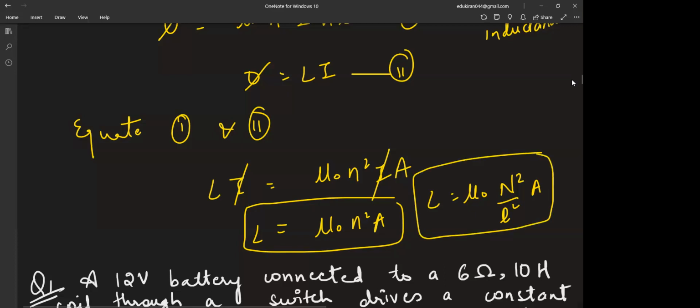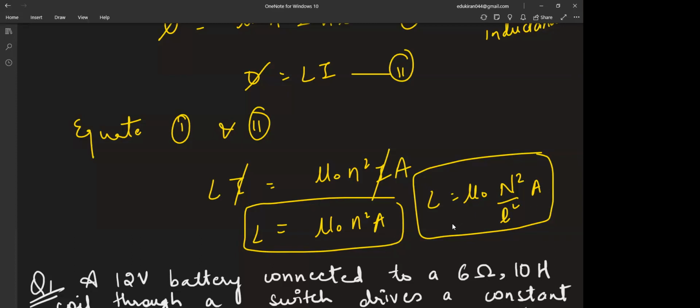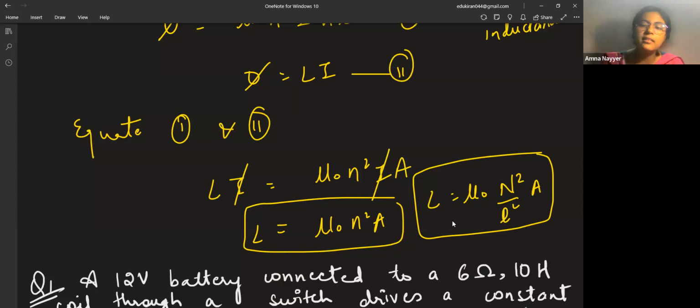Ma'am, it is mu naught n square A l, right, ma'am? Mu naught n square A, yes. l also should come, right? Length should also come. Yes, Fia, length is there. Fia, what's your question?